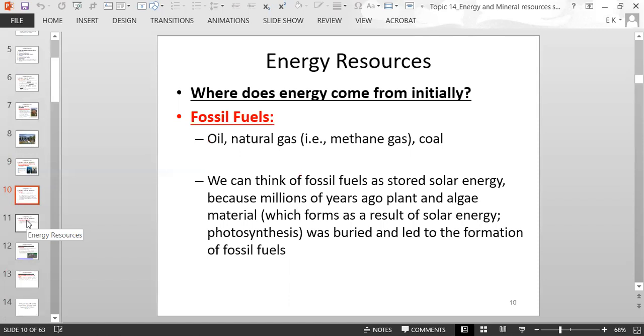So initially that plant material and the algae formed as a result of solar energy related to photosynthesis. So it's indirectly solar energy, but it's stored as this bioorganic material. So that's what fossil fuels are.